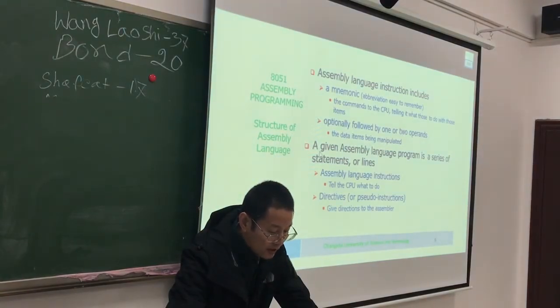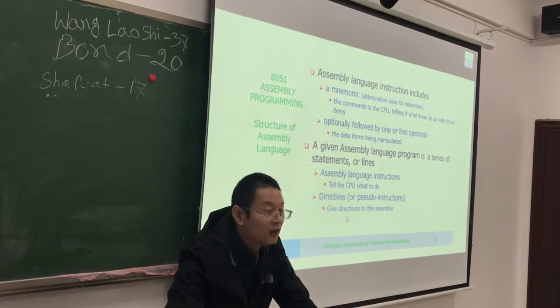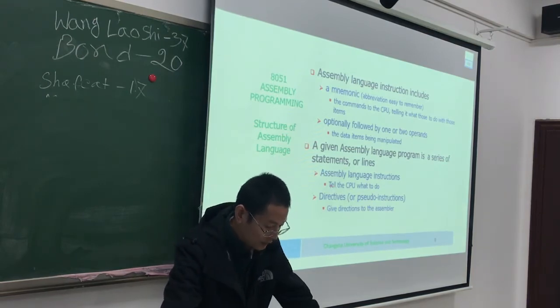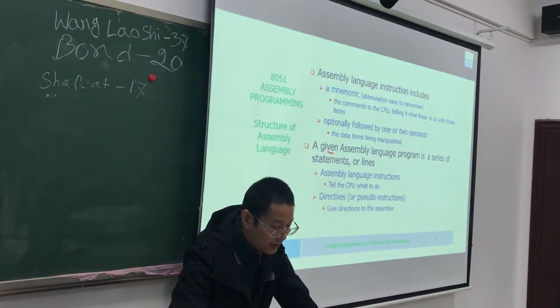A given assembly language program is a series of statements or lines. There are two kinds of assembly language statements.